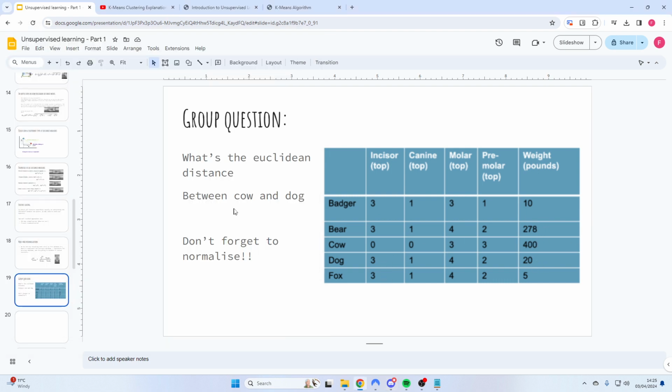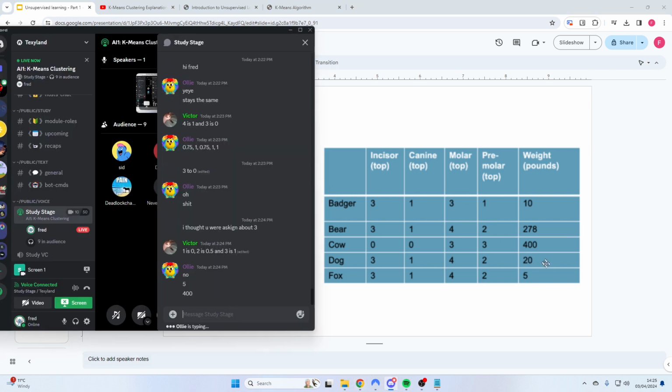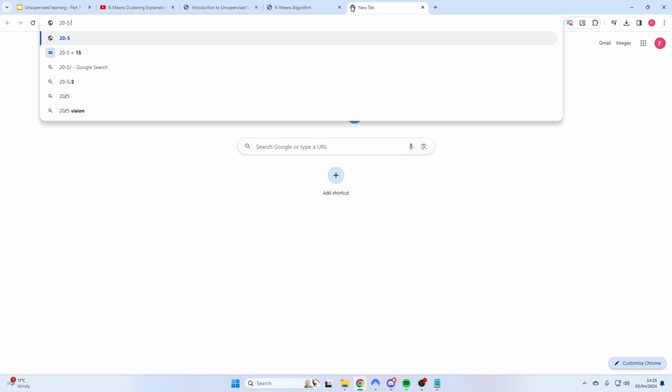So we're looking at cow and dog. Cow is 400, so we know that one's going to be 1. What will dog be? We're going to have to do 20 minus 5 divided by 400 minus 5.